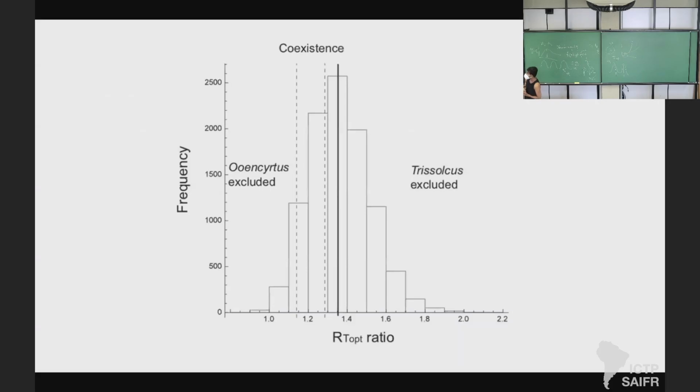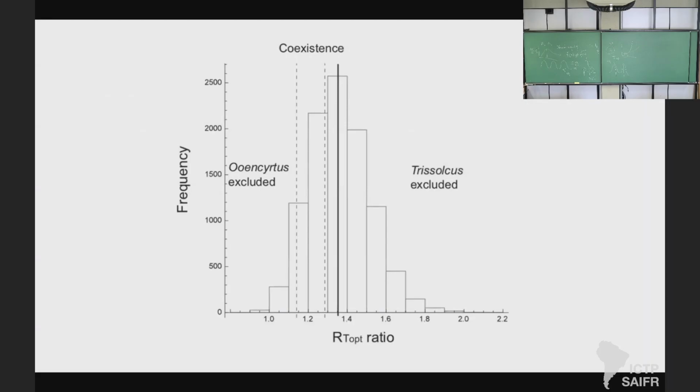So what we did was 10,000 random runs of sampling of these parameters within the real parameter space to construct that histogram. And you can see the solid line is the mean outcome. So if you look at the mean responses, that's the outcome. This dashed area is where coexistence occurs. And you can see it's just outside, to the disadvantage of the IG prey, right? That's what we saw. But if you look at the distribution, it's actually within the range of variability.